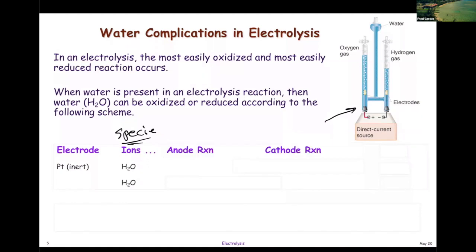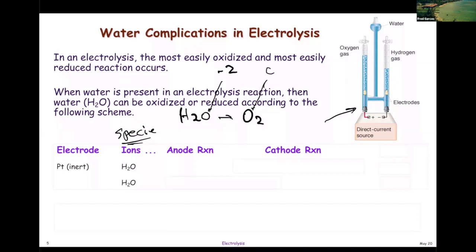And if you look it up, the oxidation of water is going to be generating oxygen gas. Okay, H2O will go to O2 gas. And that's because the oxidation state of oxygen in water is -2, but the oxidation state of oxygen in the gas is 0.